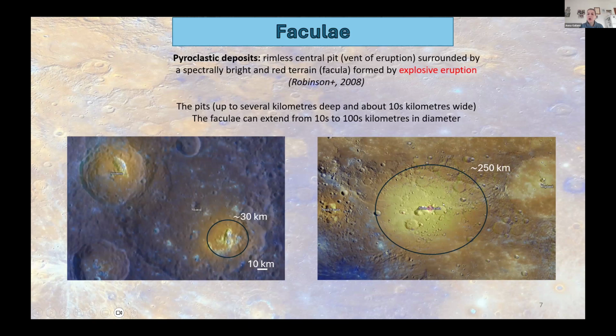This is the case of Natter facula, which is the brightest facula on Mercury, and it's also the largest one, with a diameter of about 250 kilometers.